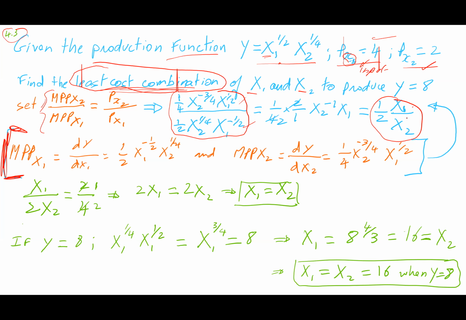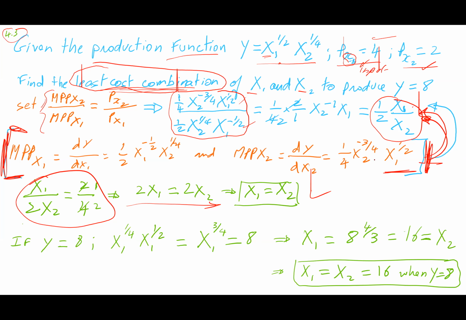So x1 divided by 2 x2 equals 1/2, because that's the result I have. These equations help me get this result, and that result is here in the ratio of prices. Once I have that, in this case it happens to be 2x1 equals 2x2, so x1 equals x2.